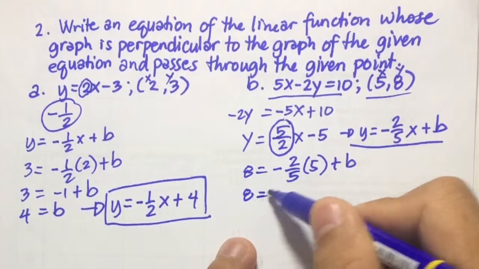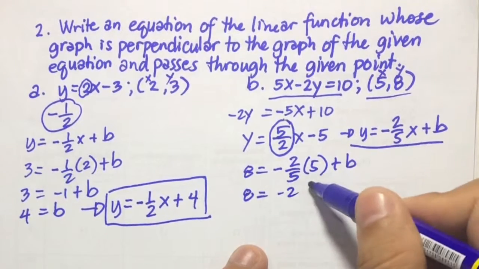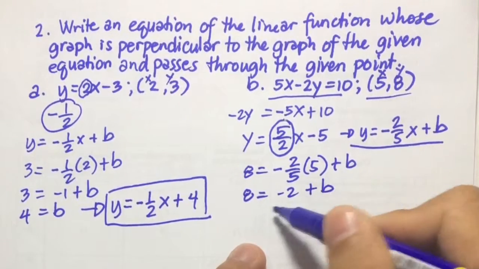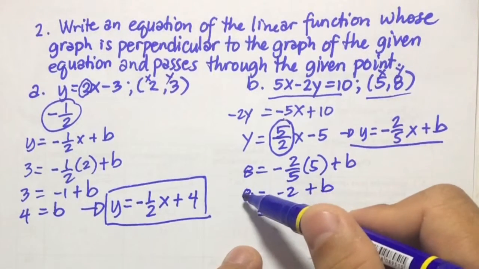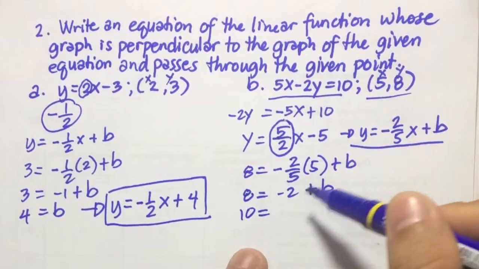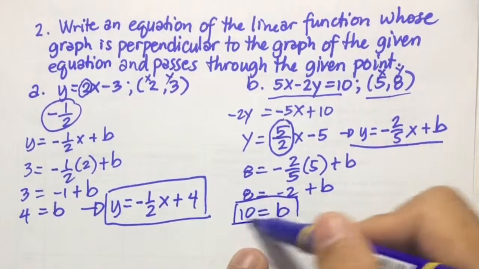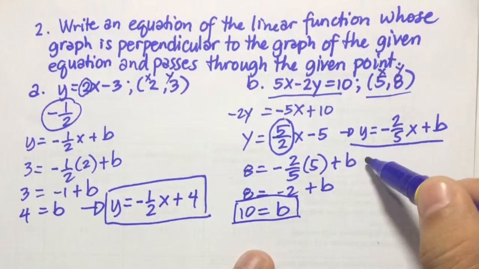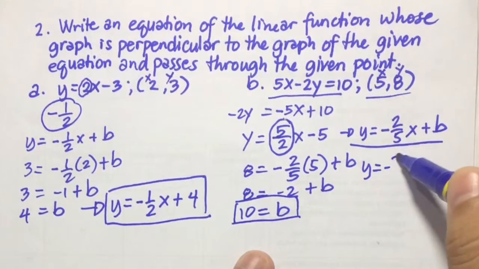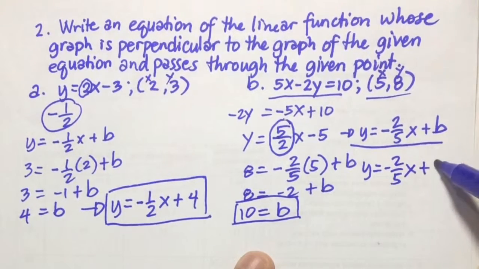So 8 is equal to negative 2 over 5 times 5, that will be negative 2, plus b. Then transposing negative 2 to the left, 8 plus 2 will be 10. So 10 here is the value of b. So our required equation is y equals negative 2 over 5 x plus 10.